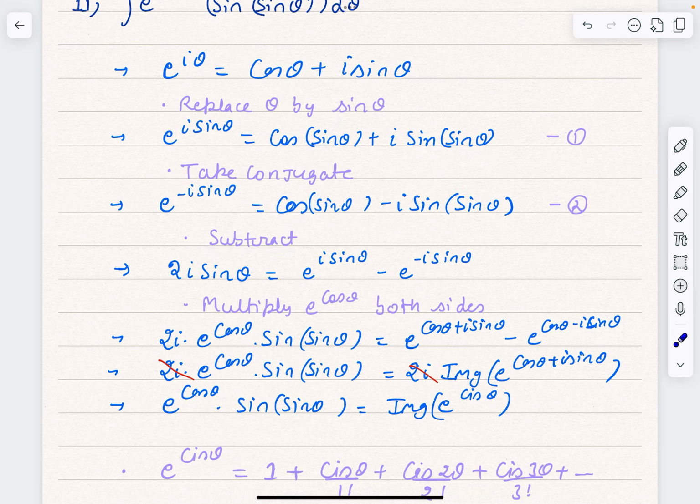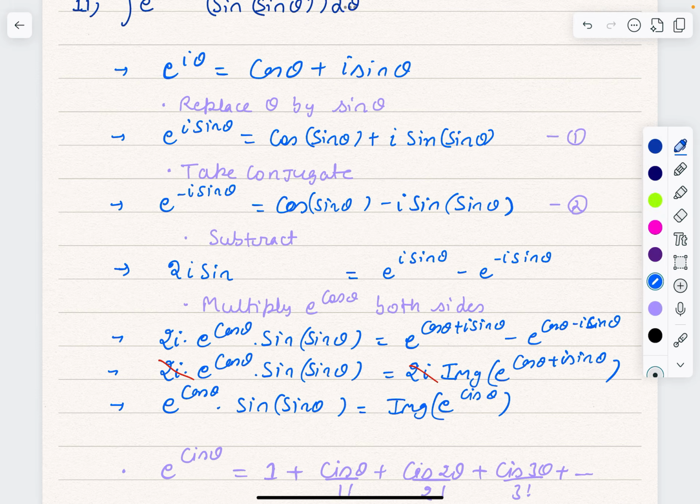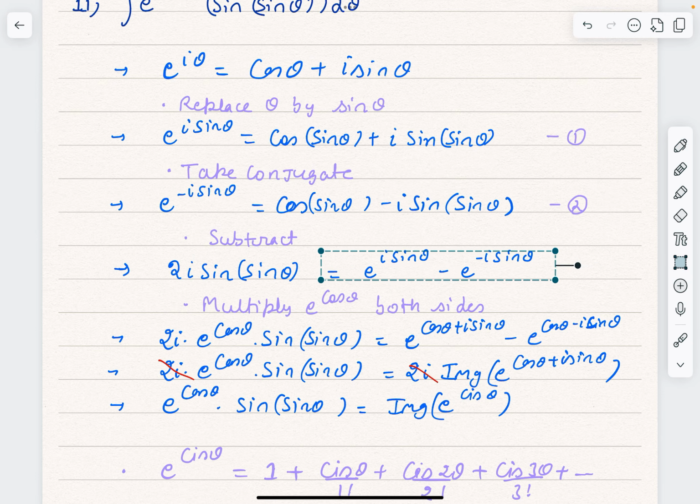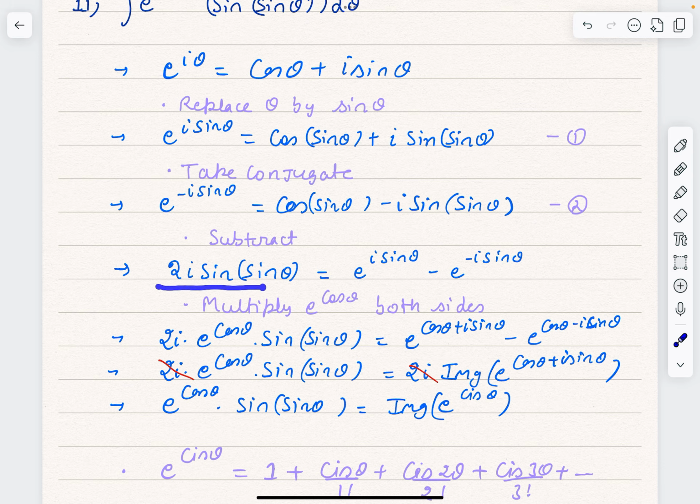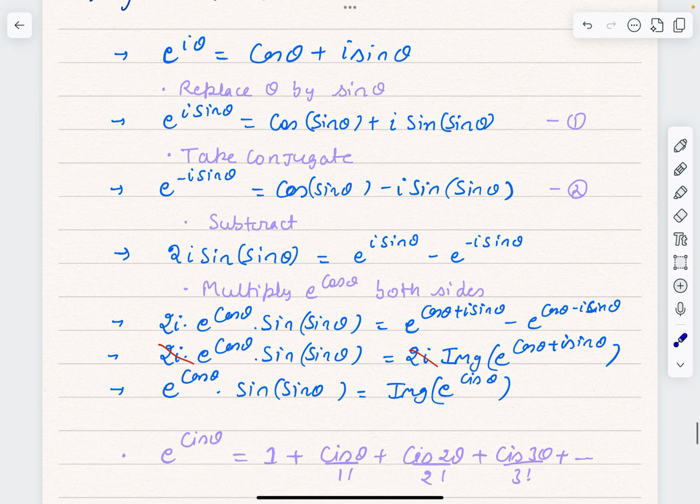It cancels out, you get 2 iota sine of sine theta equal to e power iota sine theta minus e power minus iota sine theta. Now multiply both sides with e power cos theta.